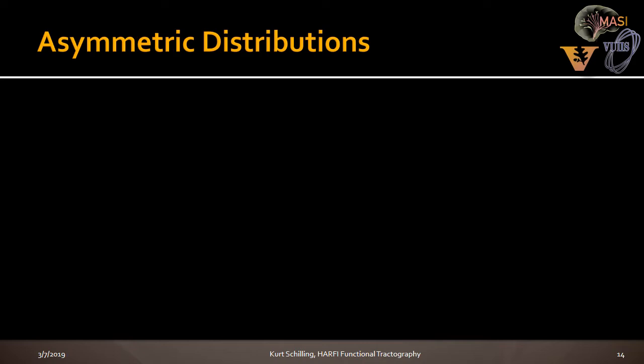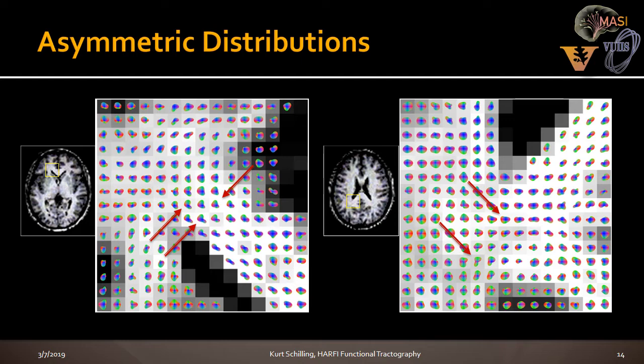We were also able to find regions of asymmetric functional distributions. These 2 figures show places where there's a very clear fanning of functional orientation, where one lobe of the FOD is smaller and the other is much more expansive.